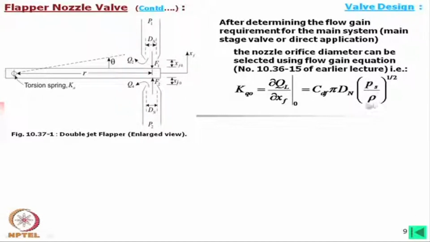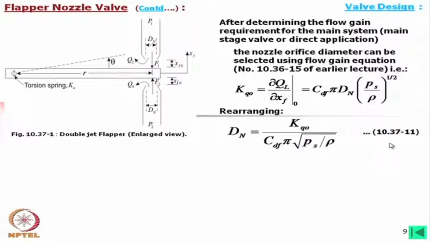However, we know what oil is being used and what the system pressure will be, and from there we estimate the diameter of the nozzle, and rearranging this equation gives this form.